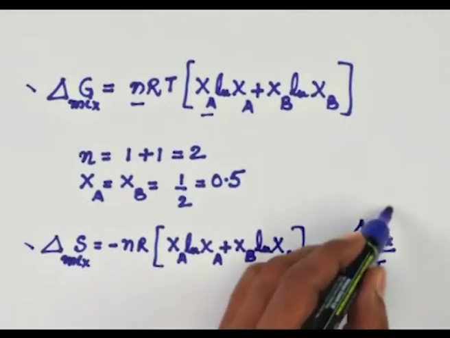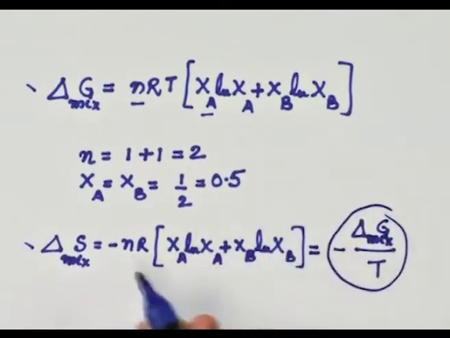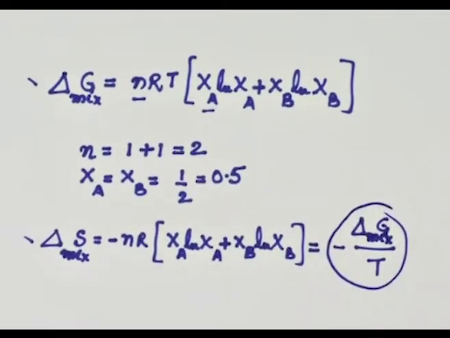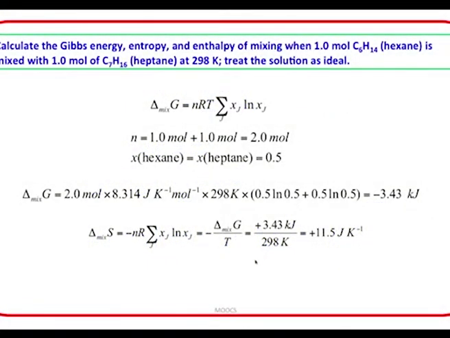And since we have already calculated delta G mixing, we know T, we can easily calculate delta S mixing. As you can see in the slide, the delta S mixing is minus delta G mixing by T, and this value is 3.43 kilojoule divided by T, equal to 11.5 joules per Kelvin.